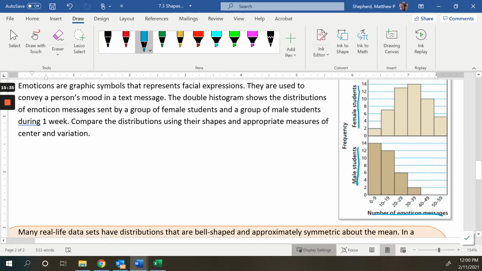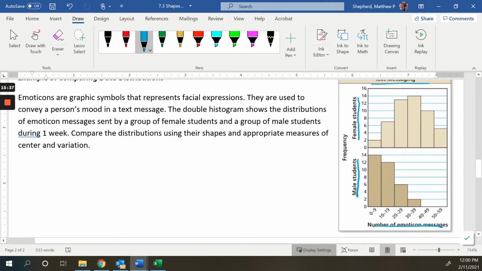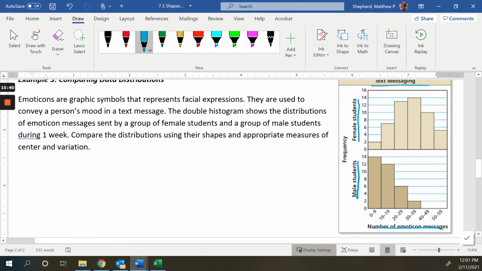So we have a count of how many emoticon messages they send. So the problem states, emoticons are graphic symbols that represent facial expressions. They are used to convey a person's mood in a text message. The double histogram shows the distributions of emoticon messages sent by a group of female students and a group of male students during 1 week. Compare the distributions using their shapes and appropriate measures of center and variation.